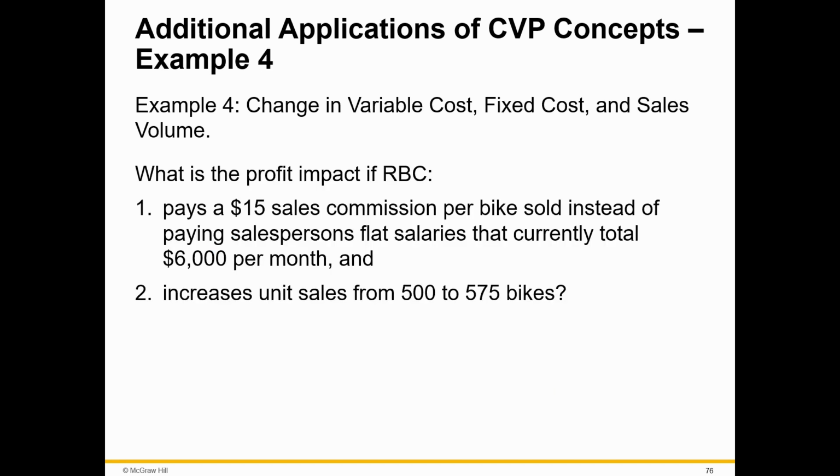And then we'll look at another example, changing the variable cost, our fixed cost, and our sales volume. So what would happen if they were to pay a $15 sales commission per bike sold instead of paying a salesperson a fixed salary, which is right now 6,000 per month.